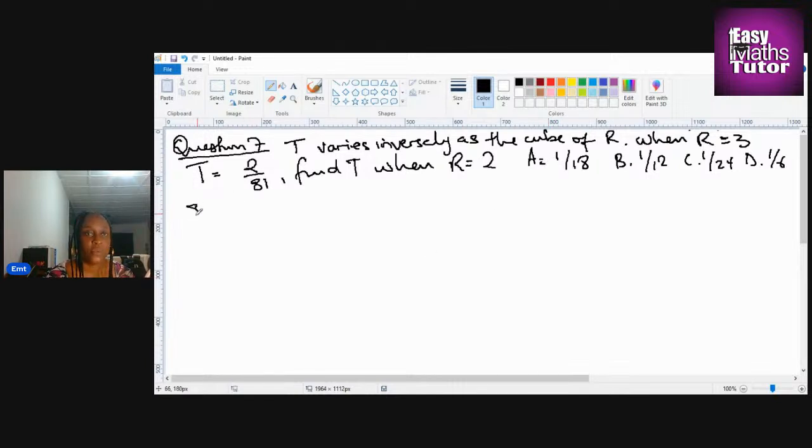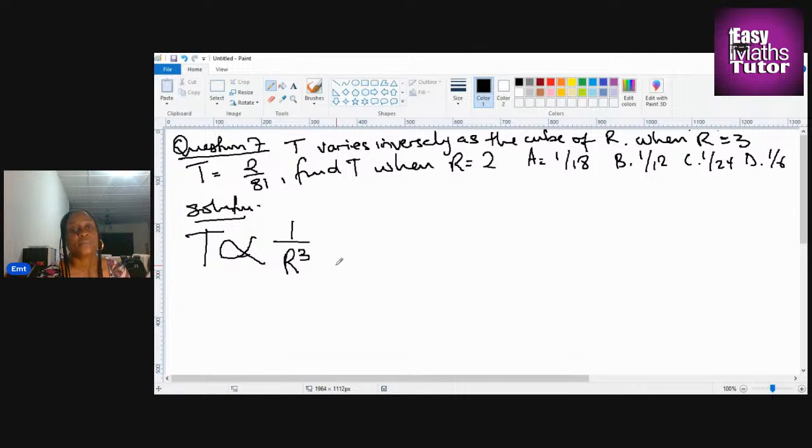Okay, so solution. We're going to write out the expression. You see, T varies inversely as the cube of R. Inversely means it's 1 over whatever it varies with. So we're going to substitute R equal to 3 and T equal to 2 over 81.